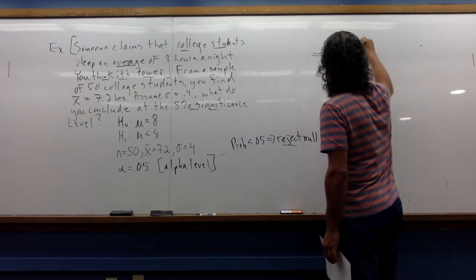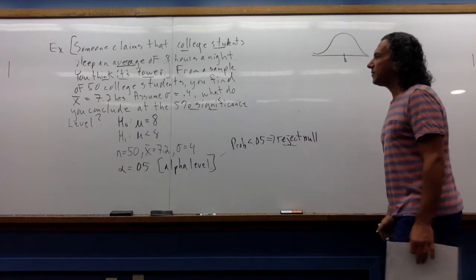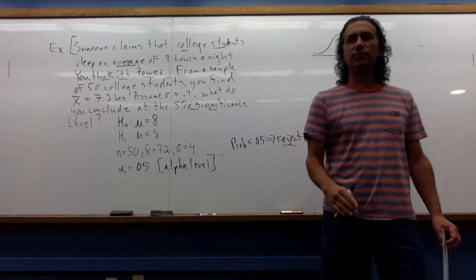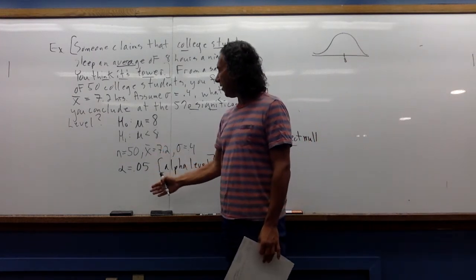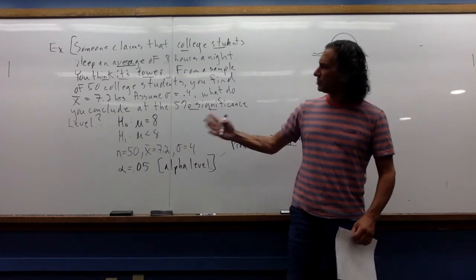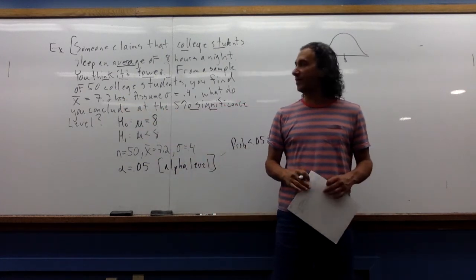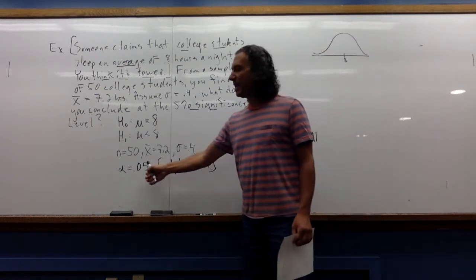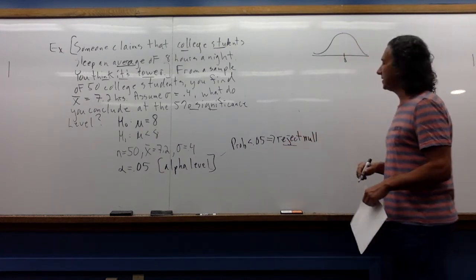Once again, here's the 8. I said that if I get something that's too low, then again, I'm going to reject the null. Originally I sketched in the probability of getting less than that value, but instead, let me sketch the region where we reject.